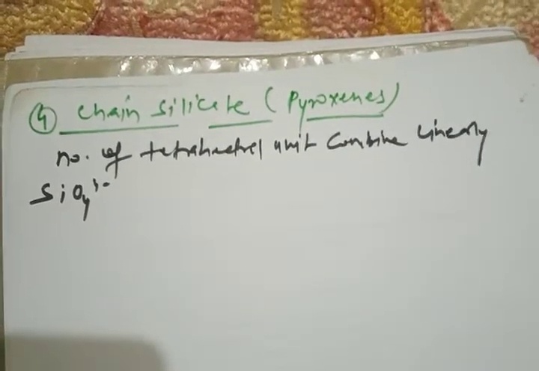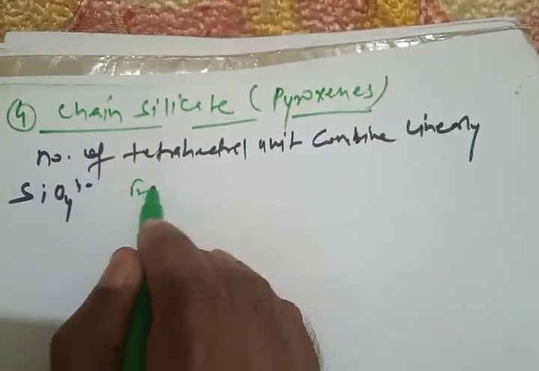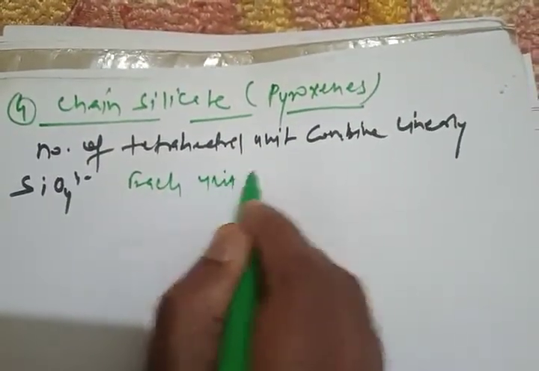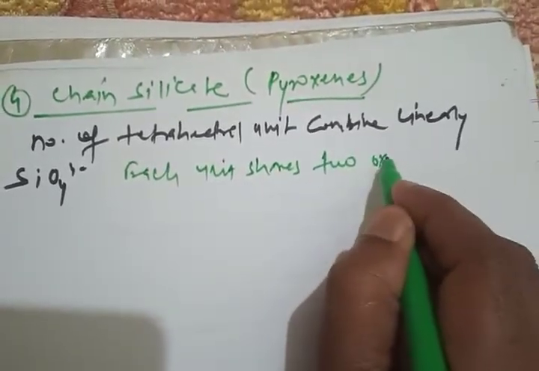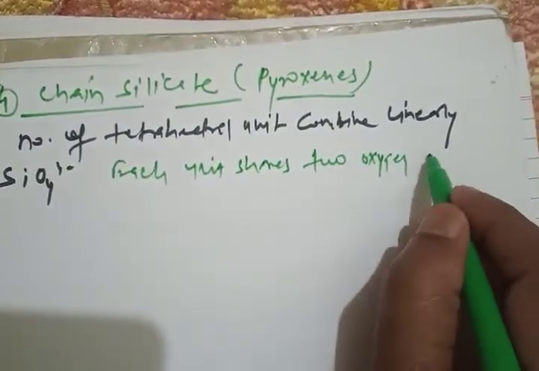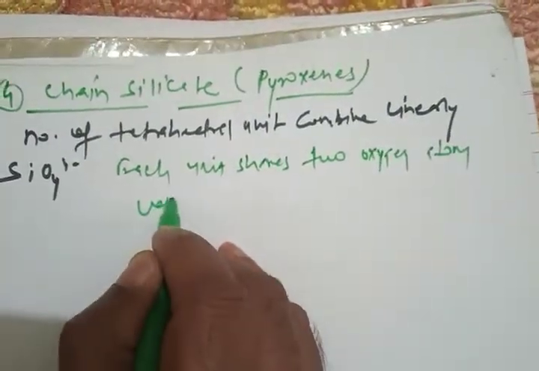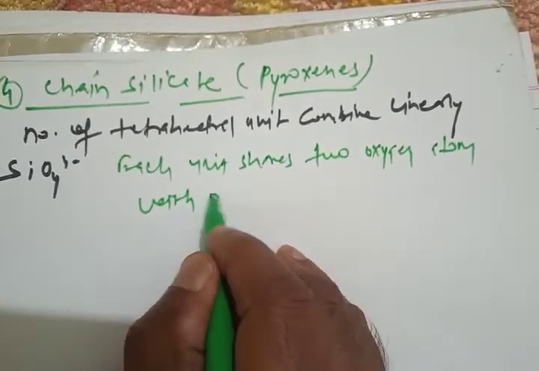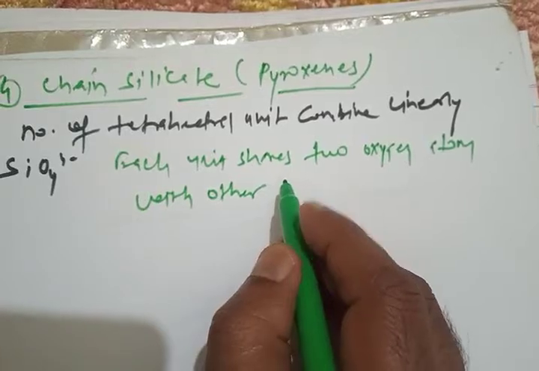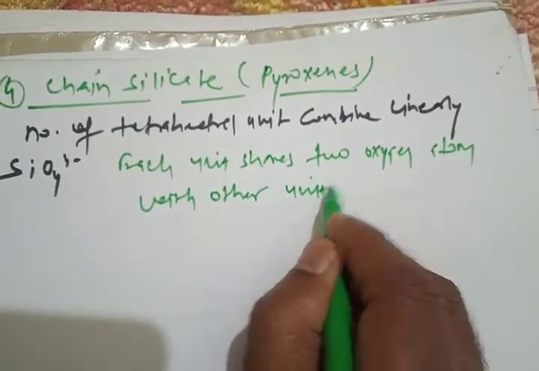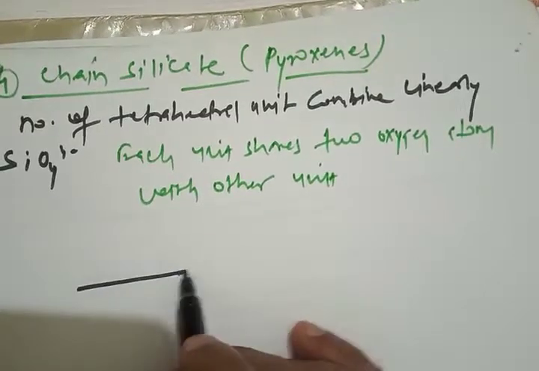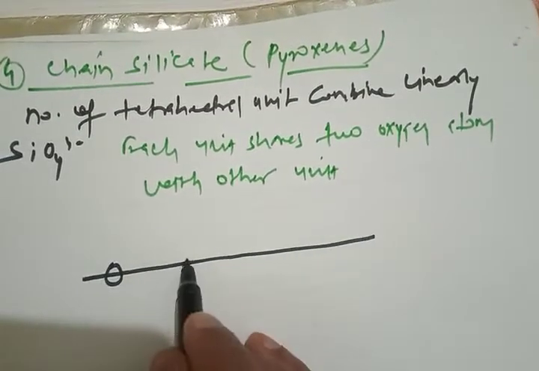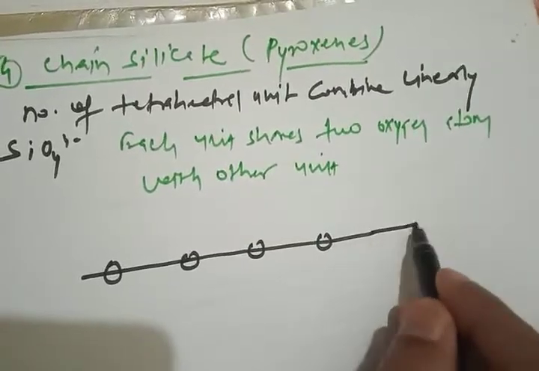So here each unit shares two oxygen atoms with other units, but the difference is what? Linear. Okay, so how will we draw the structure? Just put a linear line, 1 2 3 4 and 5.